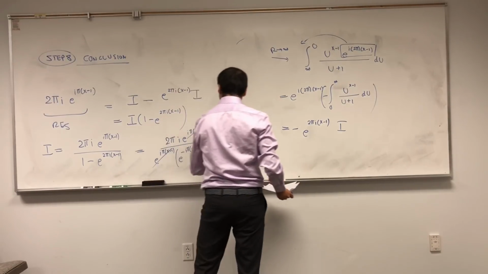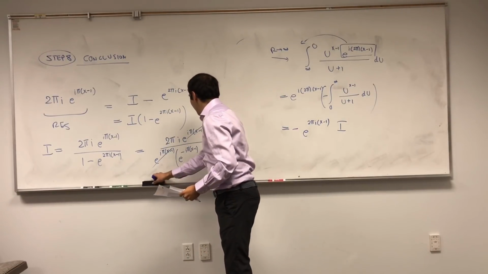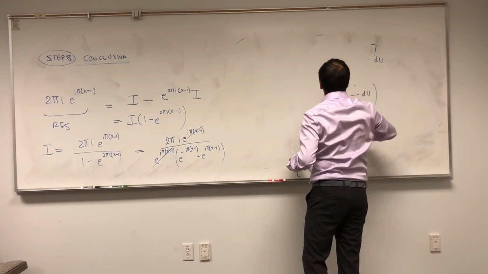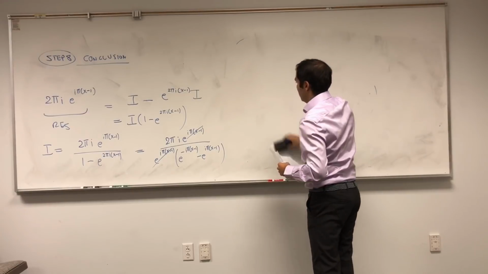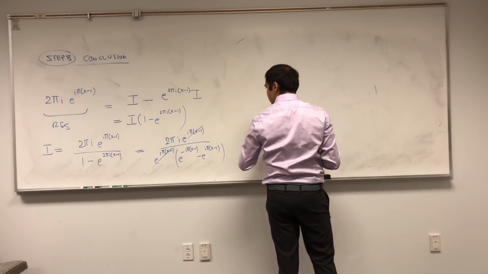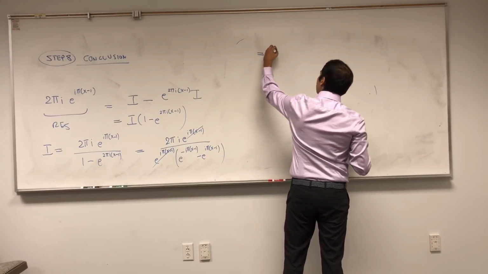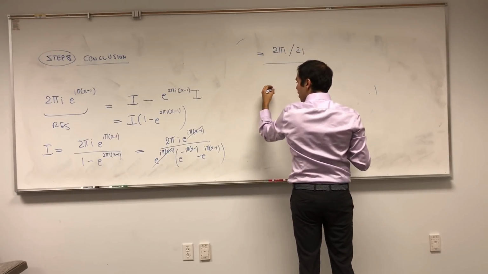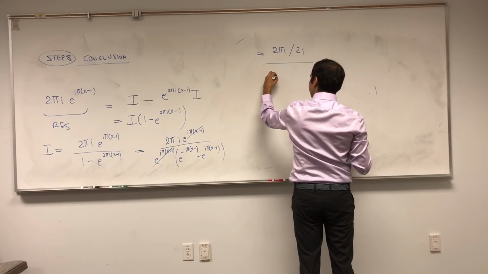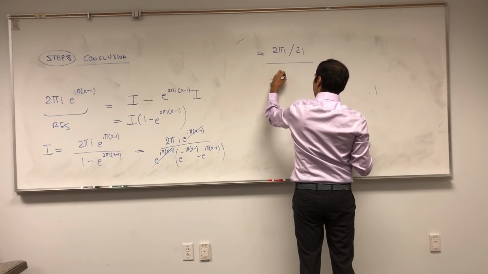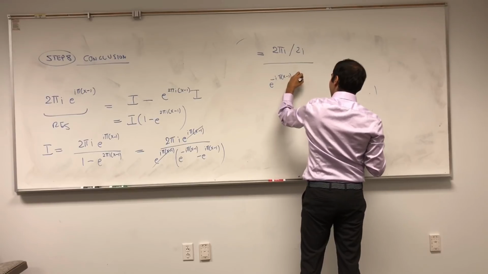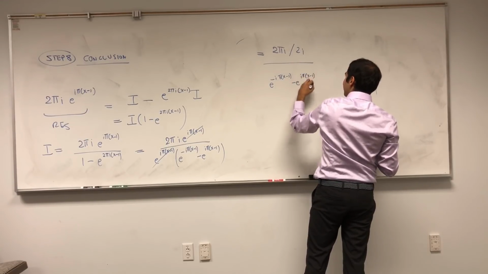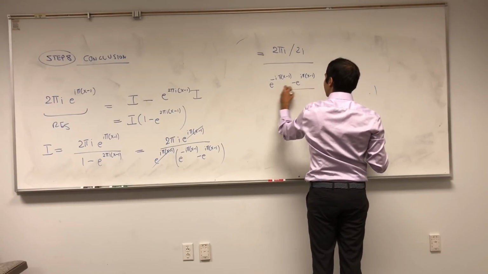This nicely cancels out. And then how about we divide both sides by 2i. So that equals 2 pi i over 2i over e to the minus i pi x minus 1 minus e to the i pi x minus 1, over 2i.